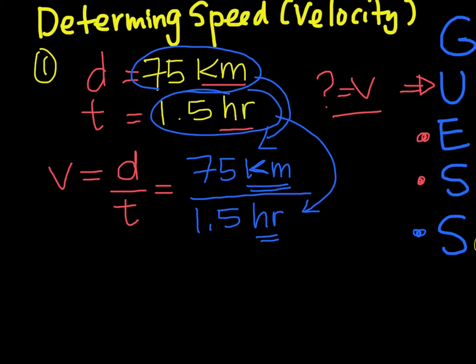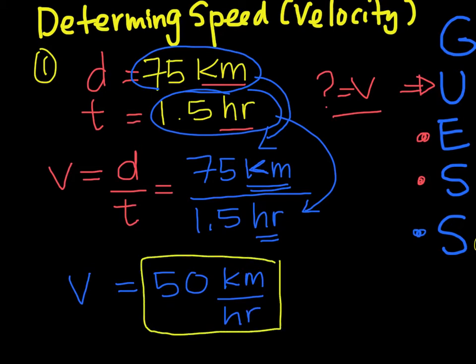And now we're going to solve. So our velocity is going to be 75 divided by 1.5, which is 50 kilometers per hour. Now, this is the correct answer. You must have the units to have it be correct.